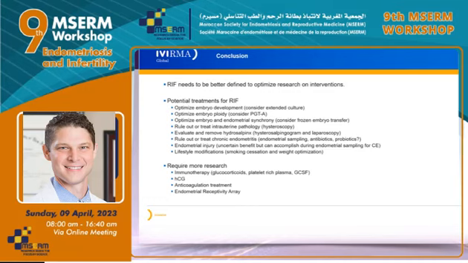Optimizing embryo and endometrial synchrony, so considering frozen embryo transfers over fresh. Ruling out intrauterine pathology with a hysteroscopy. Evaluating and removing hydrosalpinges, so a hysterosalpingogram and laparoscopy. Ruling out or treating chronic endometritis, with endometrial sampling and antibiotics. Again, I think the jury is still out on probiotics.